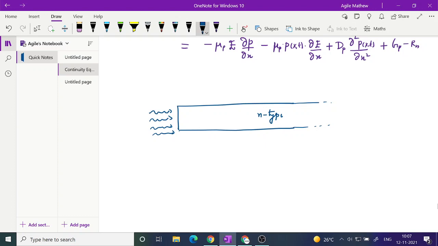Okay, far away, if you look at the concentration profile after the illumination and waiting for enough time so that the equilibrium will be reached, if I draw P, the number of holes in the n-type material, as a function of position. Now there is a thermal concentration due to the thermal generation and recombination.